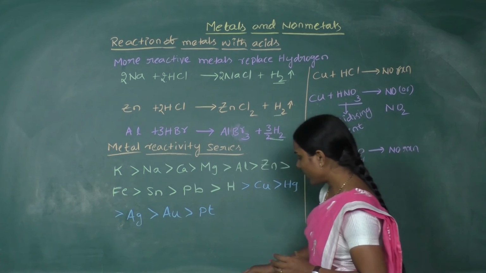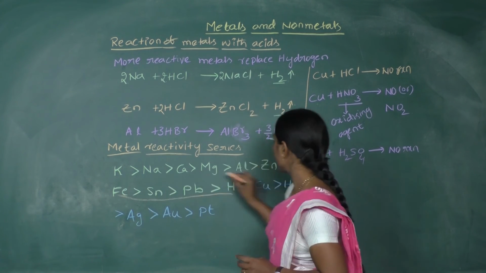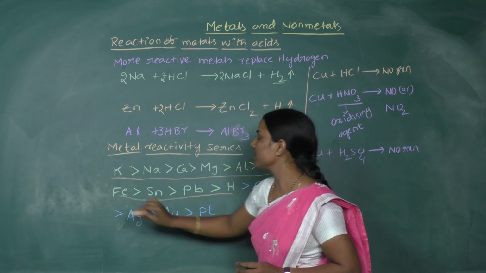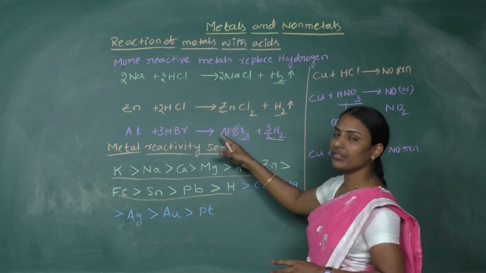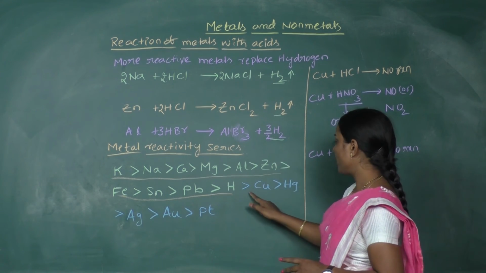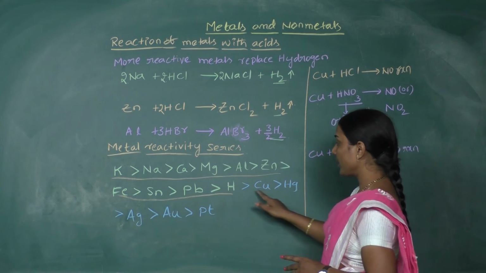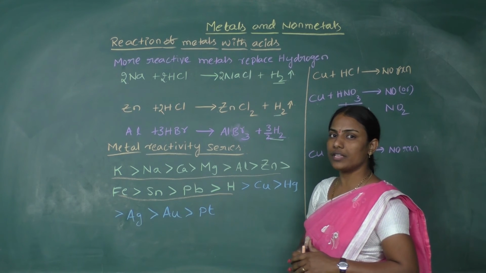So any metals which are present before hydrogen in the metal reactivity series can give this type of reaction to release hydrogen. And all those metals which are present after hydrogen in the metal reactivity series cannot give this reaction.